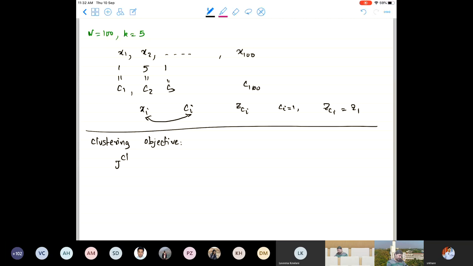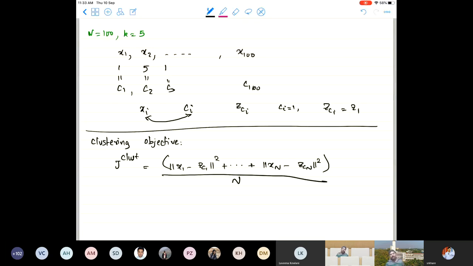I will call the clustering objective J_clust to be this: the distance of x1 minus z_c1, squared, plus up to xN minus z_cN, whole squared, divided by capital N. So what am I looking at? I'm looking at the mean sum of squares of distances of individual vectors from the cluster representatives.